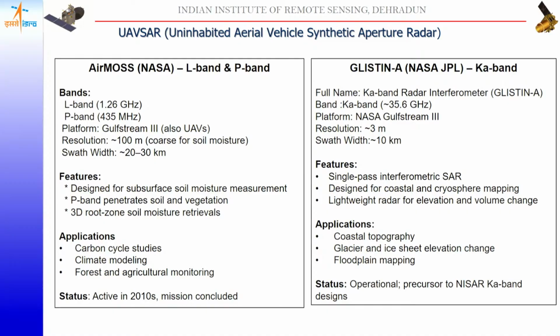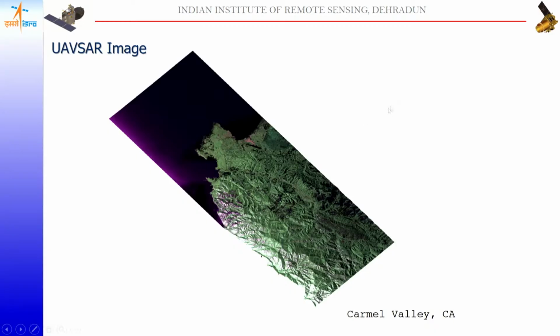And you can see here it is for different purposes. The Ka band is used for interferometric SAR, so it is used for deriving surface displacement or digital elevation creation. That type of thing we can do with the airborne interferometric system. This is the UAVSAR image of the Carmel Valley of California.